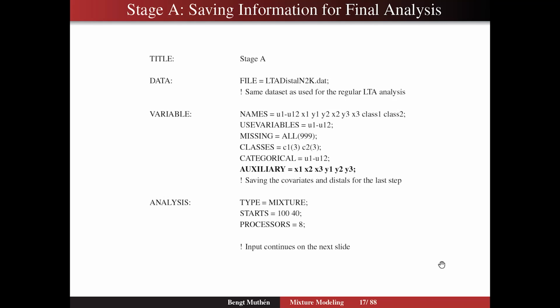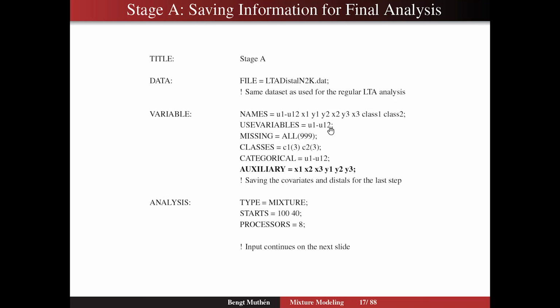So let's take a look at the details of the input for stage A on slide 17. Here we save the information we need for the final analysis. We have this data set, LTA distal N2K, the same data set as we use for the regular LTA analysis. And here's a list of variables in that data set.